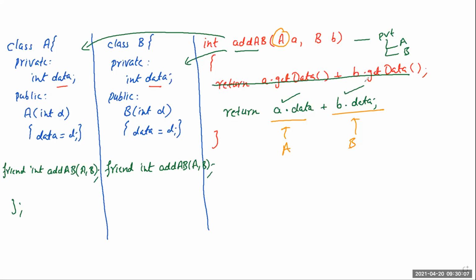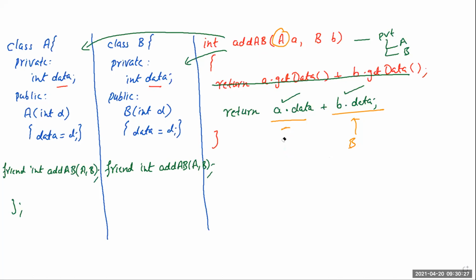So you see, this is basically a function which needed to access the private data of two different classes. So we have to make it a friend of both the classes. Now this function is a friend of class A and also a friend of class B. So it can access the private data of both the classes.